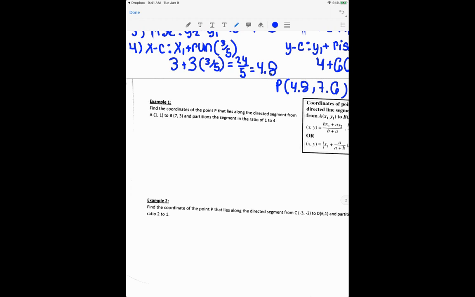So this time we have the coordinates (1, 1) and (7, 3), and we're looking for a ratio of 1:4. So the first thing that's always a good idea to do is just label your x1, y1, and your x2, y2.